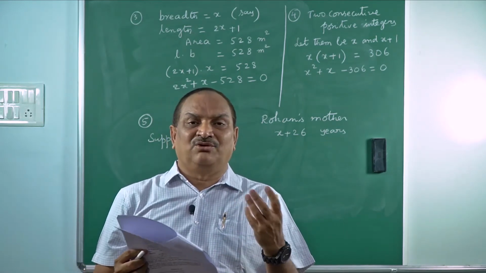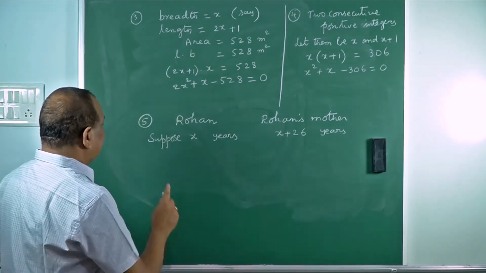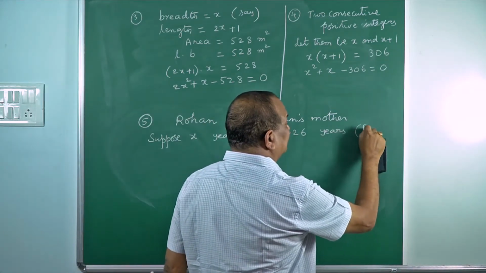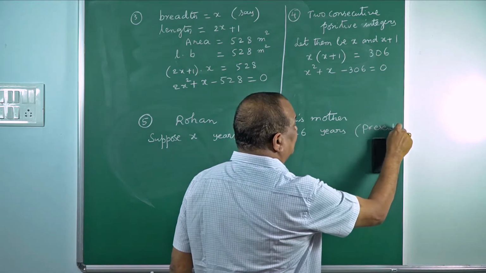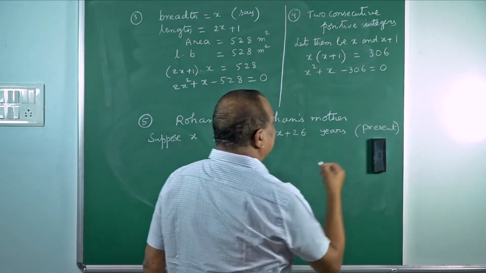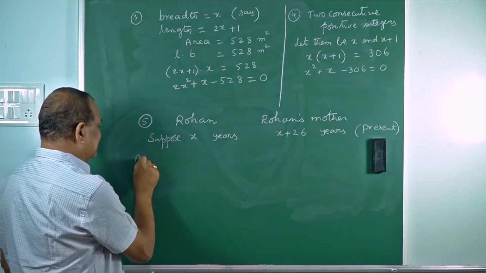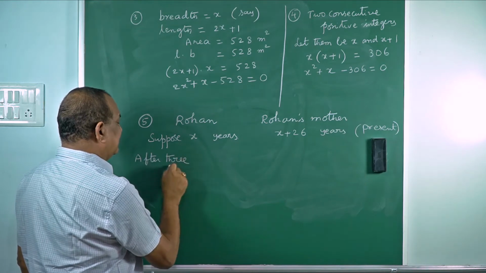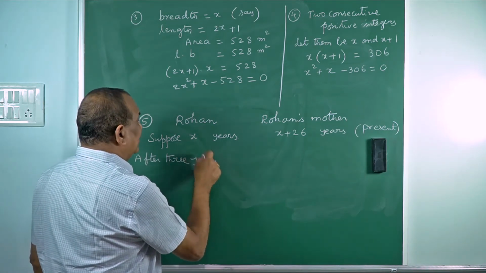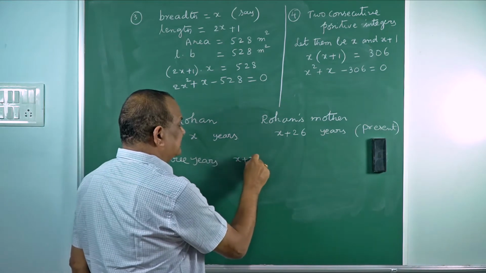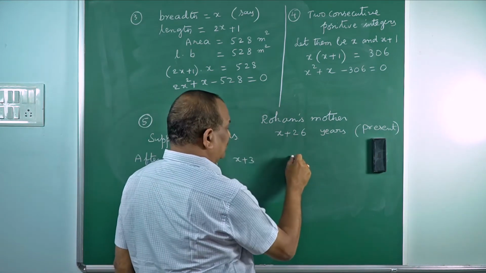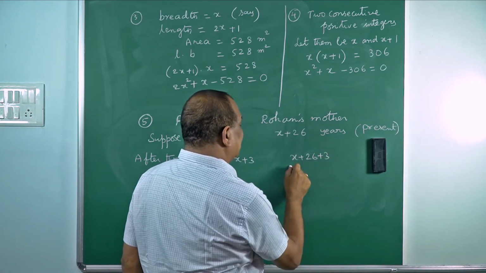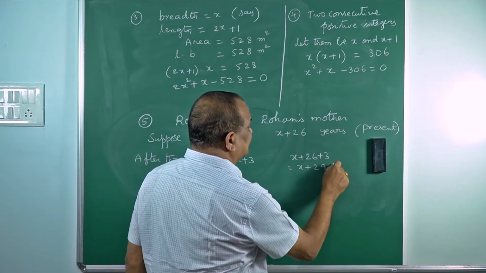That is what we have to talk about. Suppose x years and x plus 26 are the present ages. Now 3 years from now, what happens? After 3 years, Rohan will be x plus 3, and add 3 here also, of course, because she also grows older by 3 years, that is x plus 29 years.